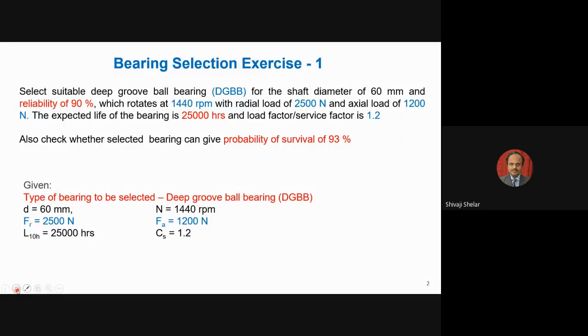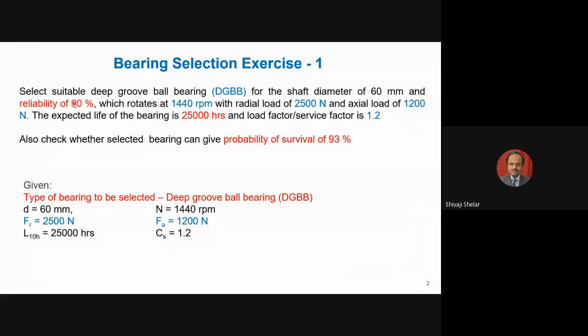Now I will read the problem statement. So we have bearing selection exercise number 1 here. It is mentioned, select a suitable deep groove ball bearing, in short sometimes written as DGB, that is deep groove ball bearing. You have to select a suitable deep groove ball bearing of a particular series for a shaft diameter of 60 mm and reliability of 90%.